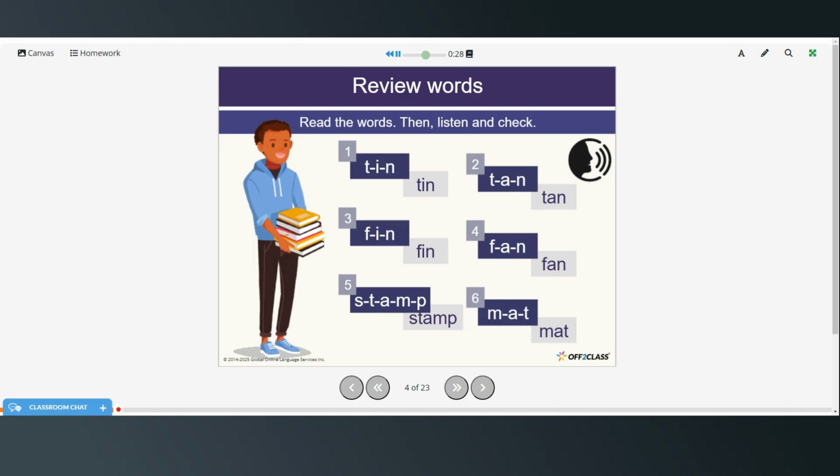F, A, N, fan. S, T, A, M, P, stamp. M, A, T, mat.